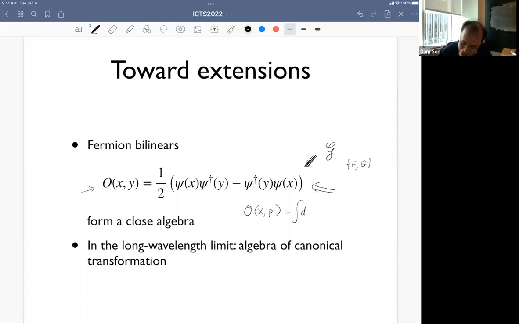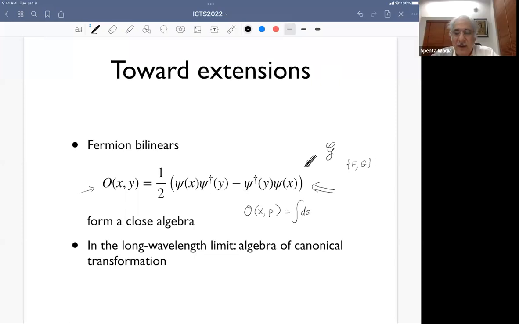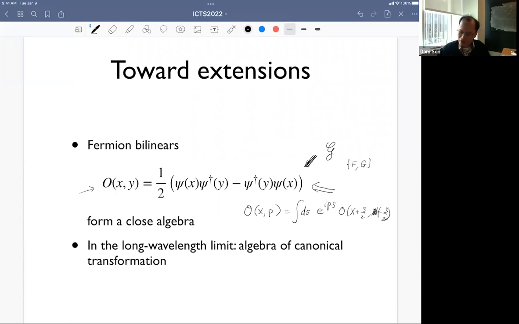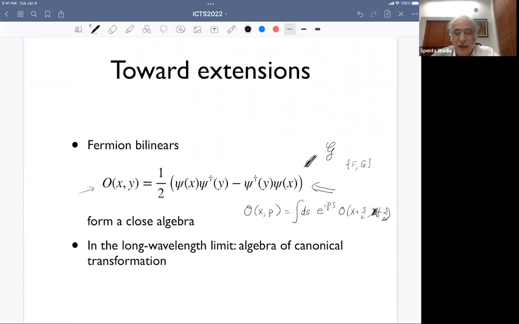You shift x by plus q upon 2 and y by minus q upon 2, write a phase e to the iP, something like this. Yes, that's right. Exactly. And so you get essentially an operator O, right?